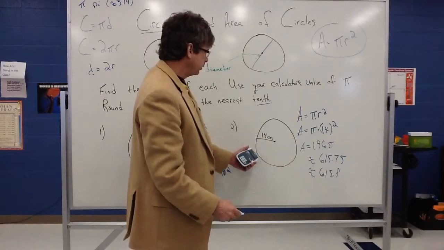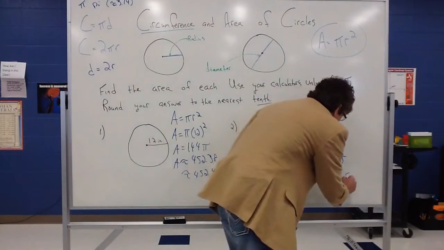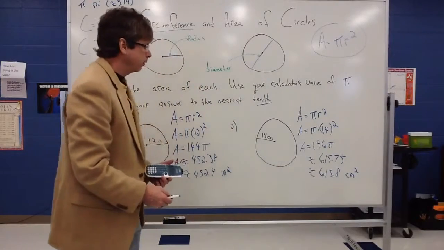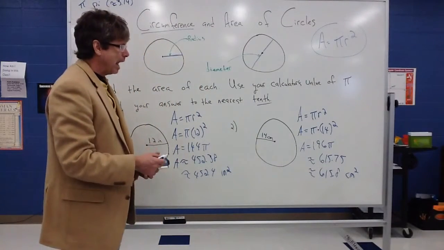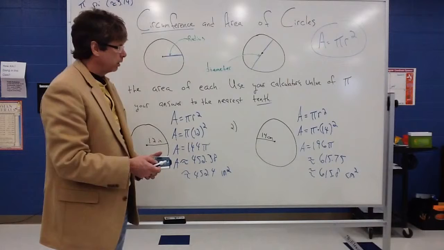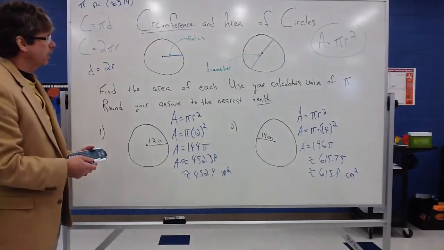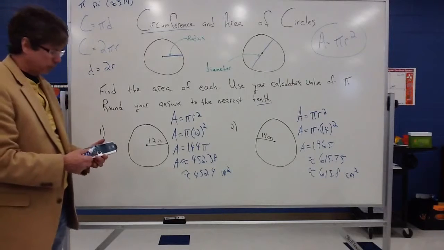And since we're doing centimeters, our area is going to be in square centimeters. So we write it like that. So our answer is going to be 615 and 8/10 square centimeters. So those are some examples of how to find the area of a circle.